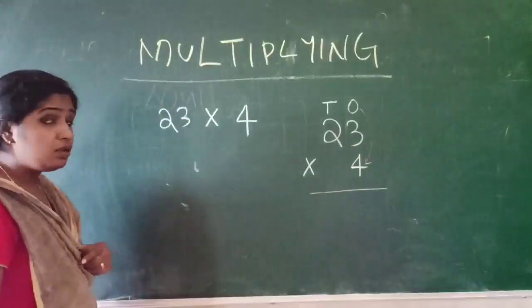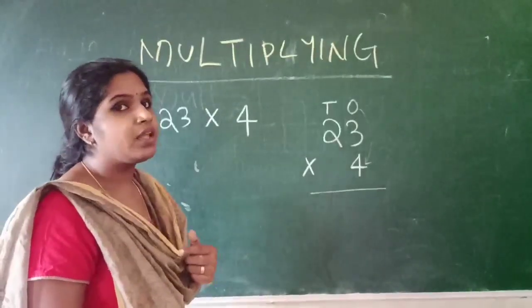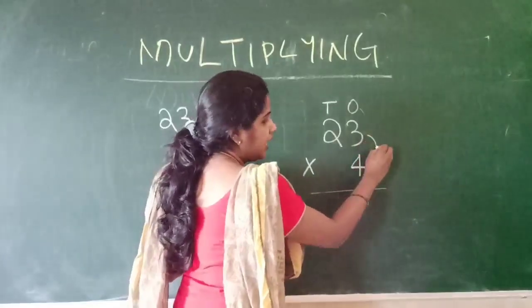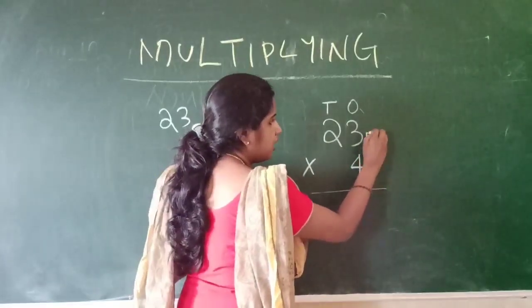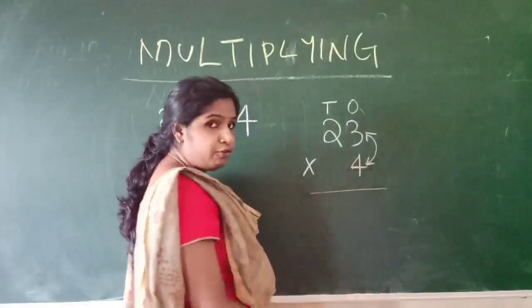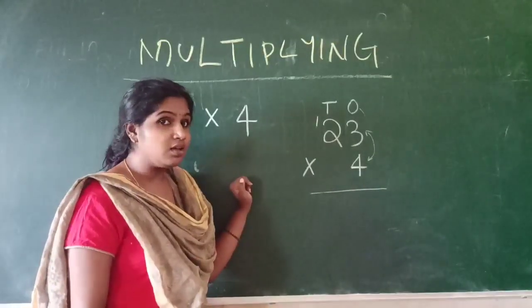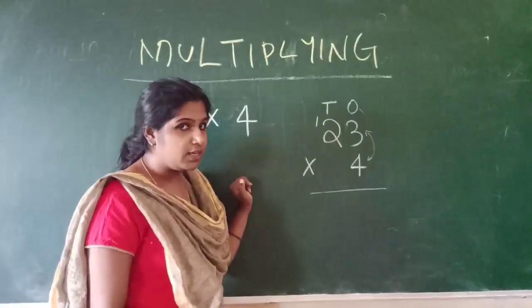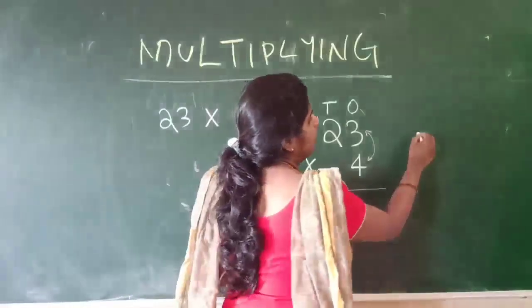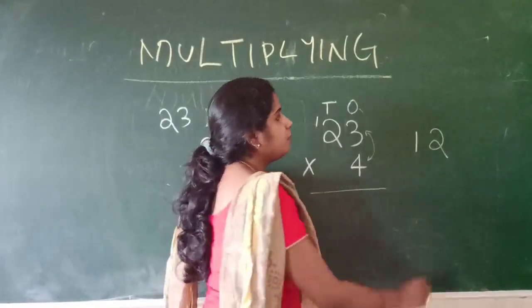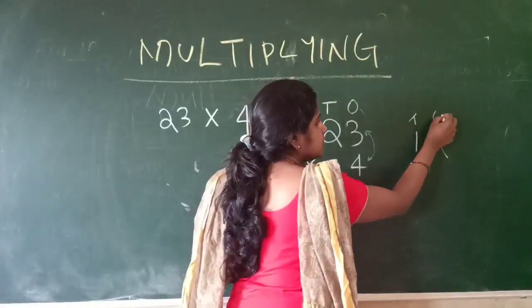Now first we will multiply this 3 and this 4. 3 into 4 is 12. I am writing 12 here. This is the tens place, this is the ones place.